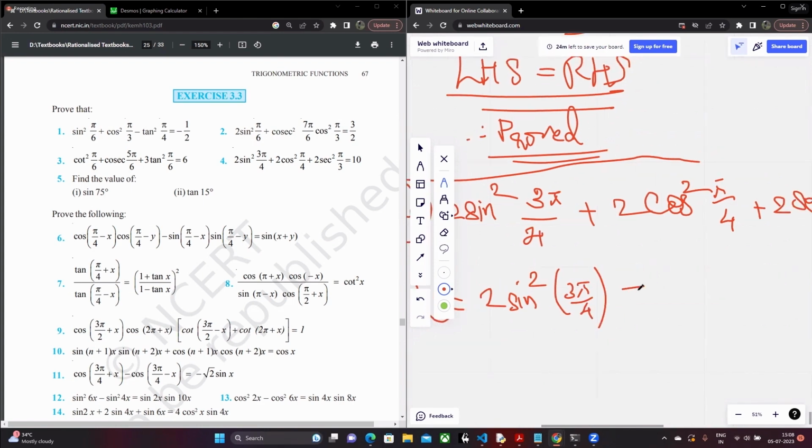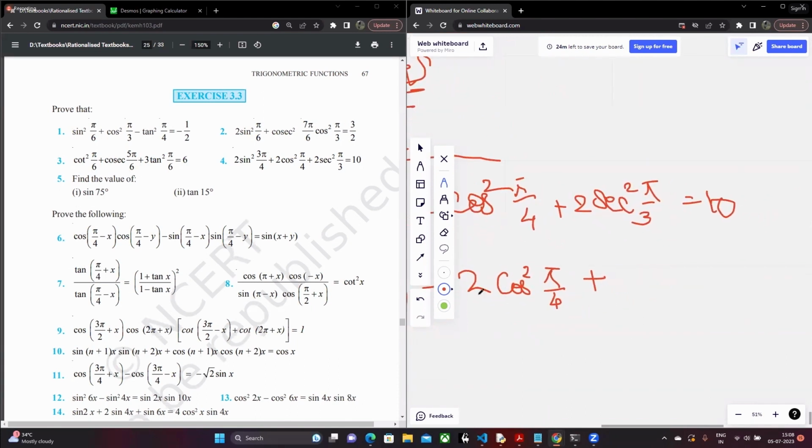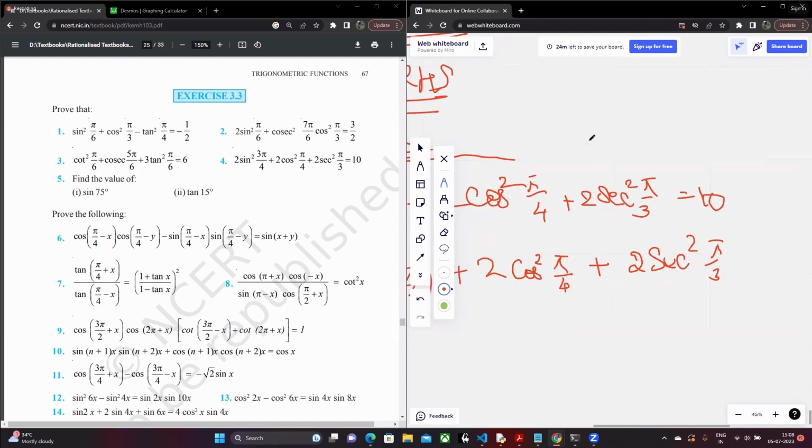Remember that sine of 135 degrees is 1 by root 2. That's basically pi minus pi by 4, and sine of pi minus pi by 4 is sine pi by 4, which is 1 by root 2. Plus this is 2 cos squared of pi by 4. Again, cos of pi by 4 is 1 by root 2. You should all remember these standard angle values. And this is 2 secant squared of pi by 3. Secant of pi by 3 is 2, so secant squared is going to be 2 squared, that is 4.